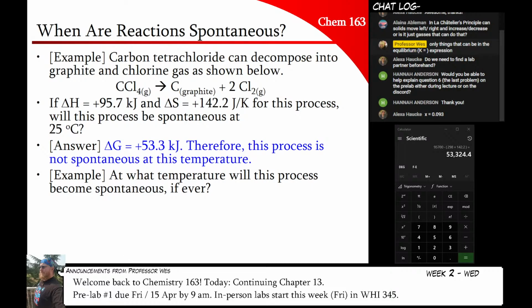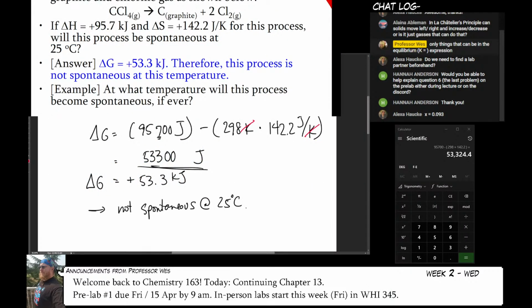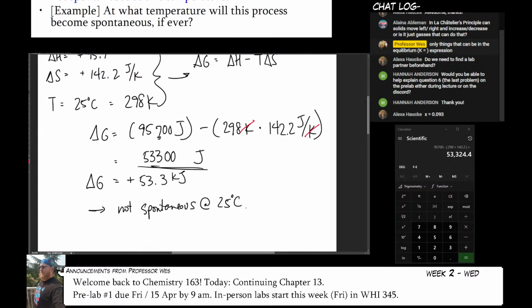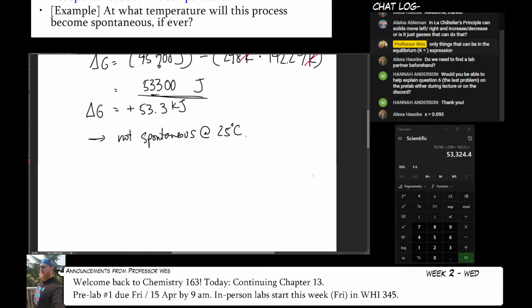Well, let's find out. So if I take this expression and I set this equal to 0, then my expression becomes delta H equals T delta S. I moved this term right here over to the other side, and then I'm going to divide by delta S to get just T. And so I know my reaction is endothermic, so it's going to be spontaneous above T. Why is it endothermic?